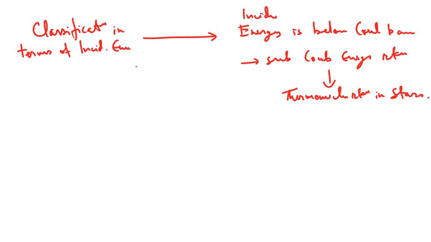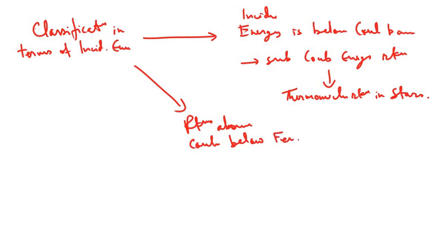Next is reactions above the Coulomb barrier but below the Fermi energy, which is around 33 MeV per nucleon. This is the region of classical nuclear physics.